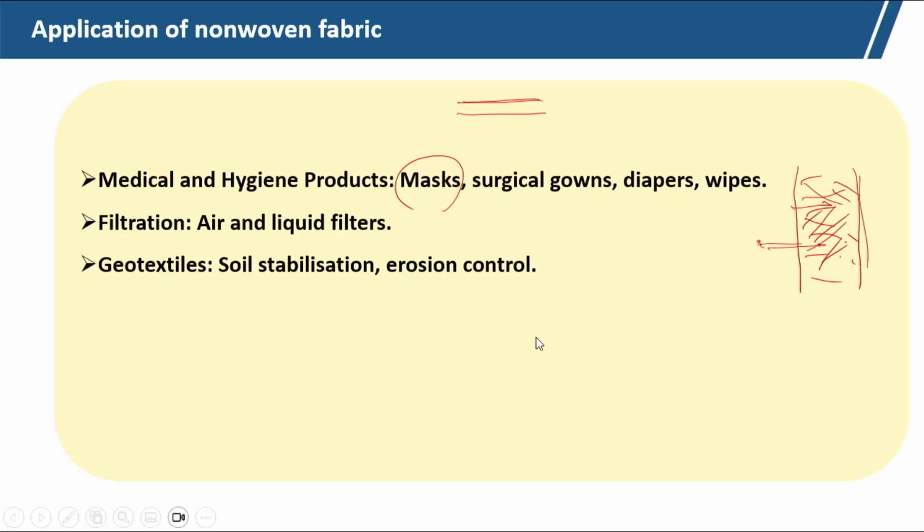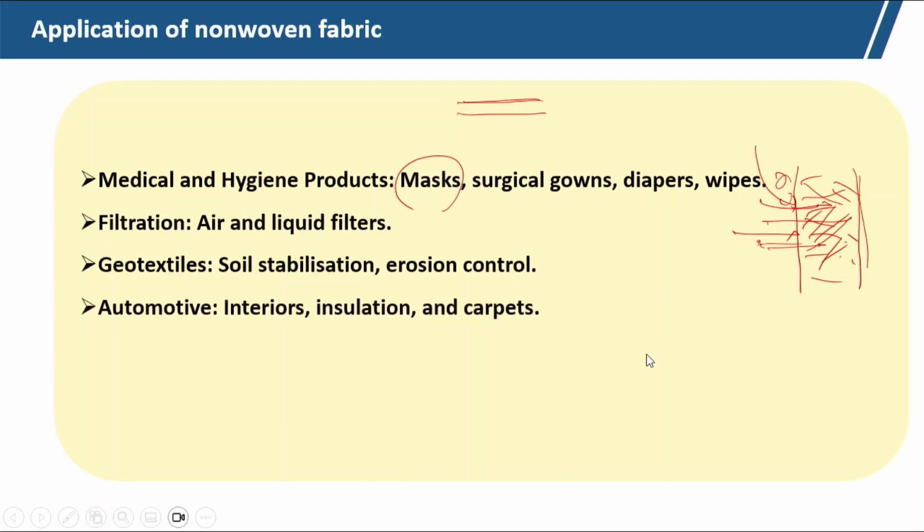Nonwoven fabrics are used because of their high filtration efficiency, which can arrest the soil and control the soil from erosion, but at the same time it does not add to water logging. So, it reduces the water logging, but at the same time it restricts the soil erosion.